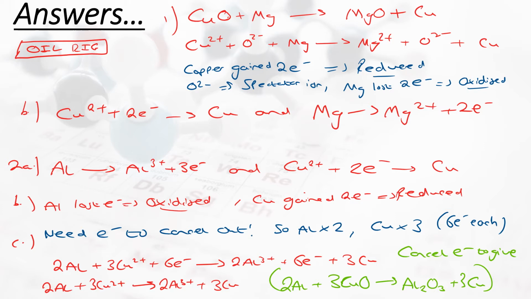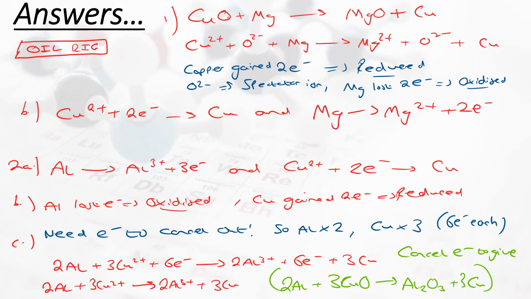And so the only way we can get these electrons to cancel out is if we times the aluminium equation by 2 and the copper equation by 3. This would give us 6 electrons on both sides, and therefore they would cancel out just to leave us with the overall equation. So we end up with 2 aluminium going to 2 Al3+ + 6 electrons, and 3 copper 2+ plus 6 electrons going to 3 lots of copper.